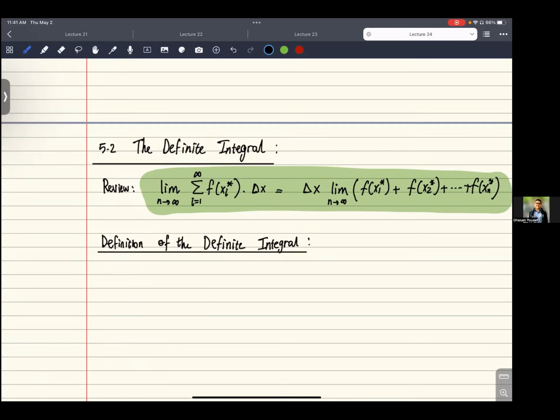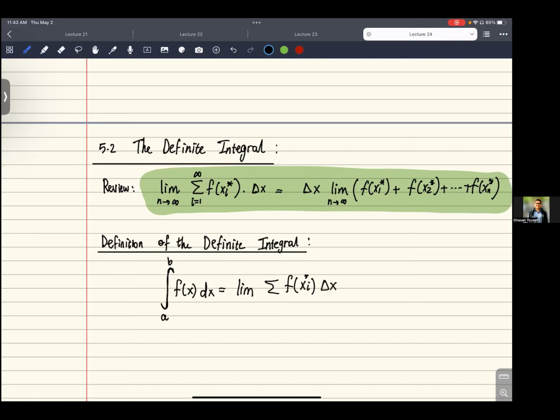You should know the symbol of the integral looks like this, an S from a to b for the function f of x dx, which is the same as the limit of the sum of f of x_i star, called the sample point, times delta x, with i equal 1 to n, where n goes to infinity.